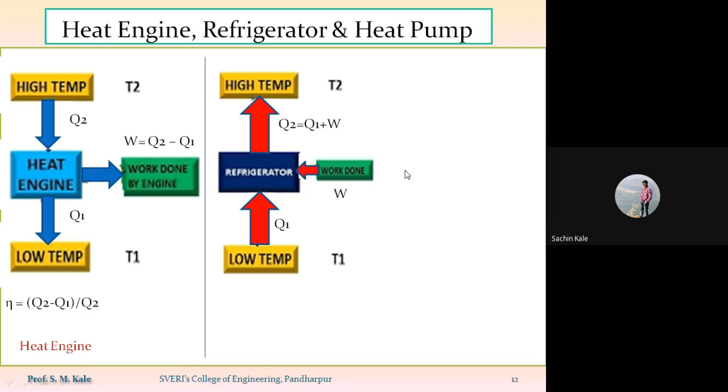So here, I will ask one question. Suppose you have a room, and that room is enclosed and isolated. Inside that room, suppose you have a refrigerator.